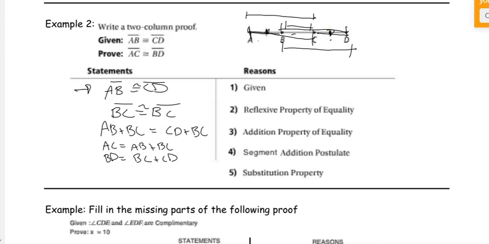Now, once again, we know that where there is an AB plus BC, I can write what it equals. So I'm going to scribble that. I'm going to have this being the AC, and over here, I can scribble that out and put what it equals, BD.